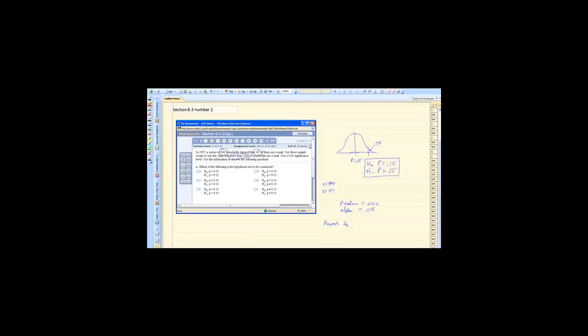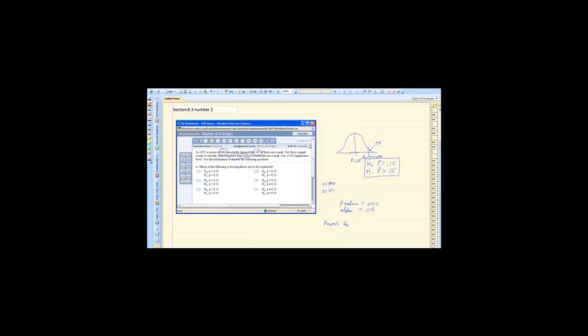Now, let's see why that is. The p-value represents the area outside of the test statistic. So, our critical z-value would be right here, and that's 1.645.